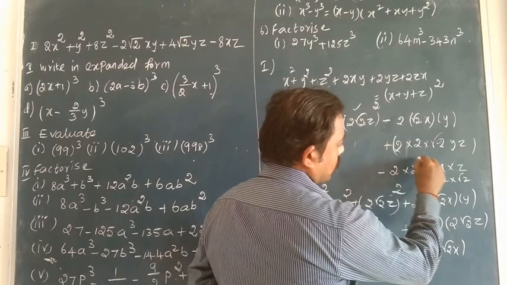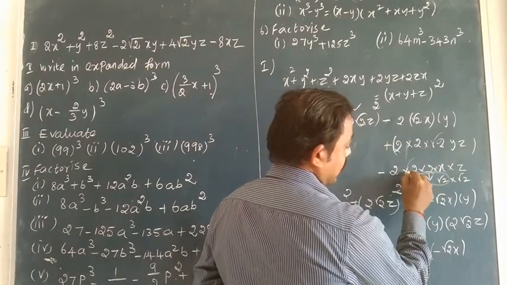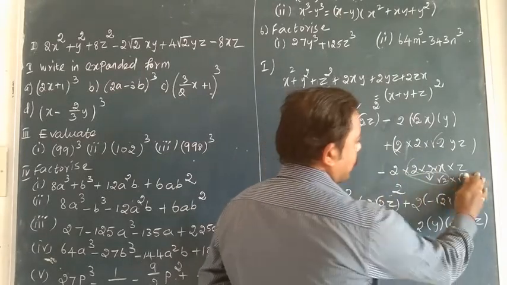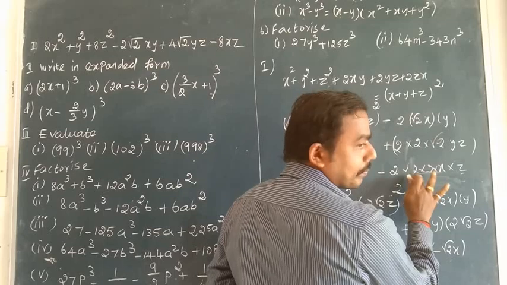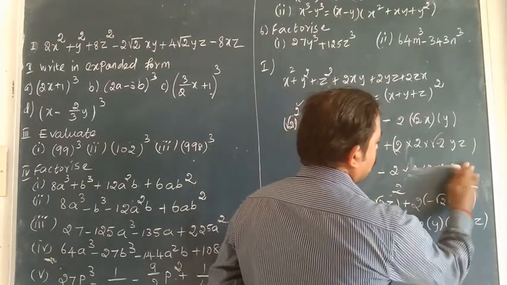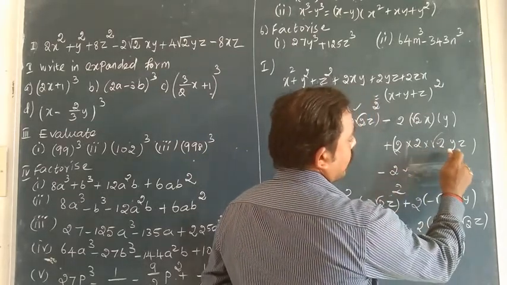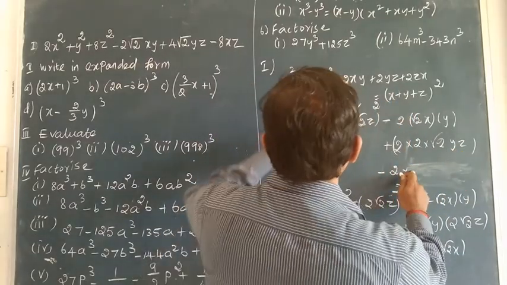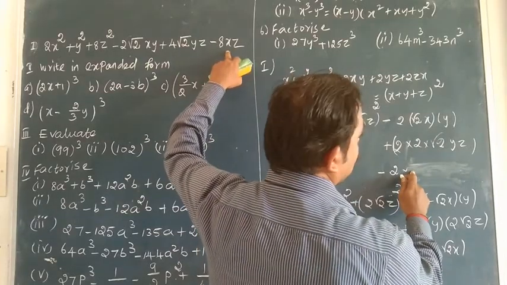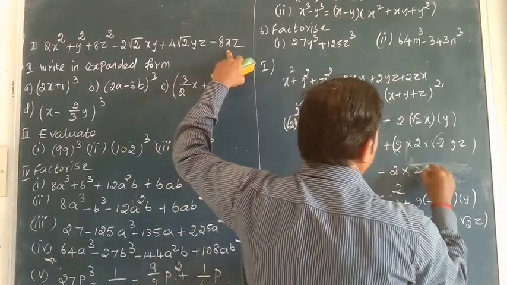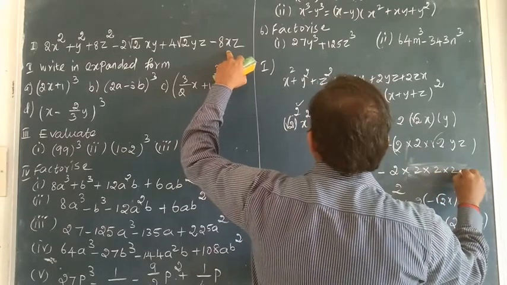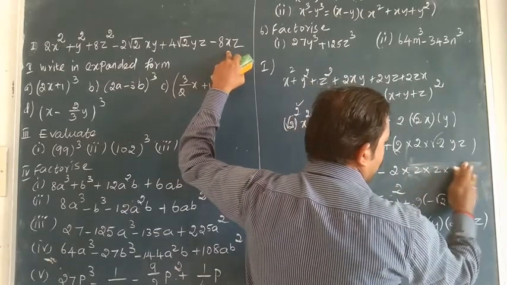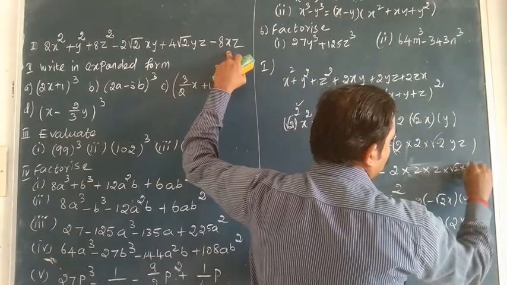Now just 2 root 2 in z, just root 2 in x. So like that you can split. So that is this step. I am going to use 2 into root 2 into yz, sorry. The things are given. Last one, 8: I am going to write 2 into 2 x into z. Now I am going to split this root 2 as root 2 into root 2 xz.